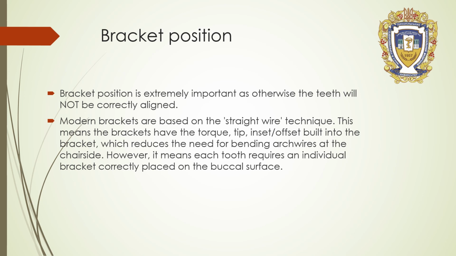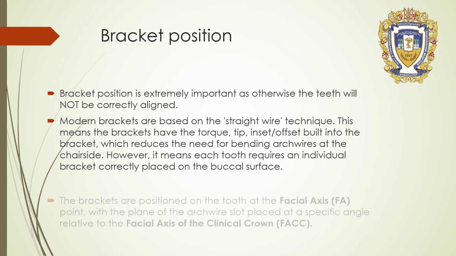This means the brackets have the torque and tip built into the bracket, which reduces the need for bending archwires at the chairside. However, it means each tooth requires an individual bracket correctly placed on the buccal surface, or on the lingual surface in case of lingual brackets.